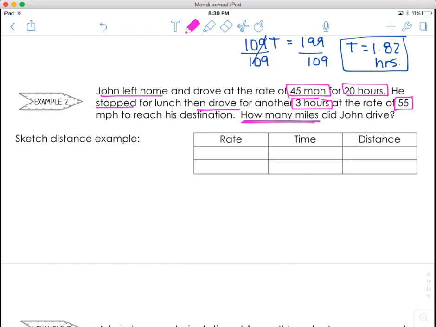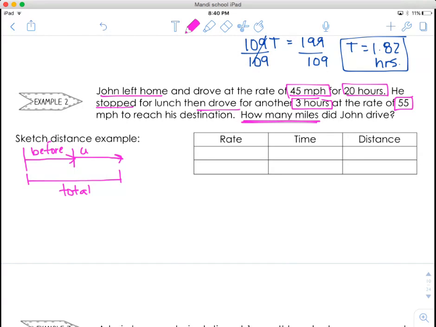How many miles, so that's distance, did John drive? So let's look at our sketch of this. So John left home, drove some distance, stopped for lunch, drove another distance. So that is also a total distance problem. So this was before lunch.